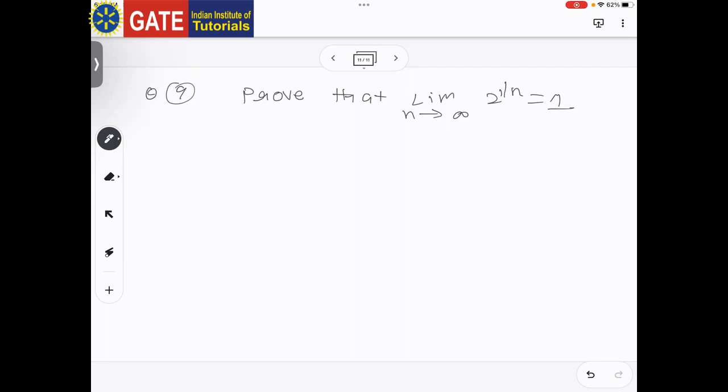Sir, capital N will be equal to log 2 by epsilon. Yeah, something like that. Let's see.